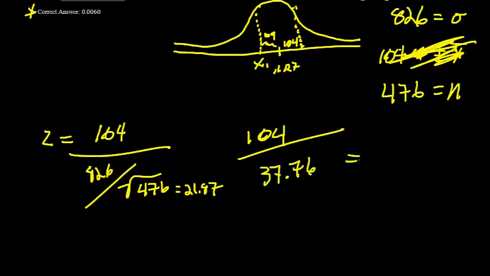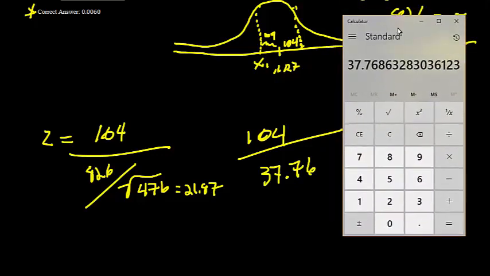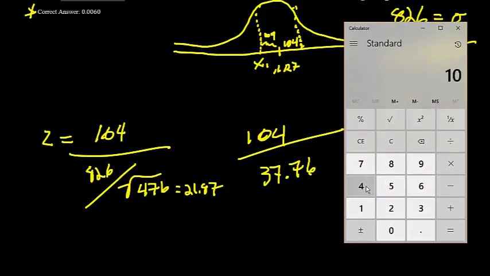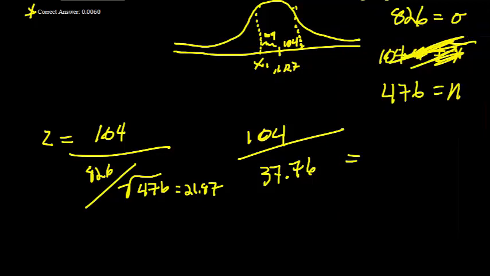37.76, and that gives me 104 divided by 37.76, which is equal to 2.75. That means my z-score is 2.75, and that's a negative z-score.